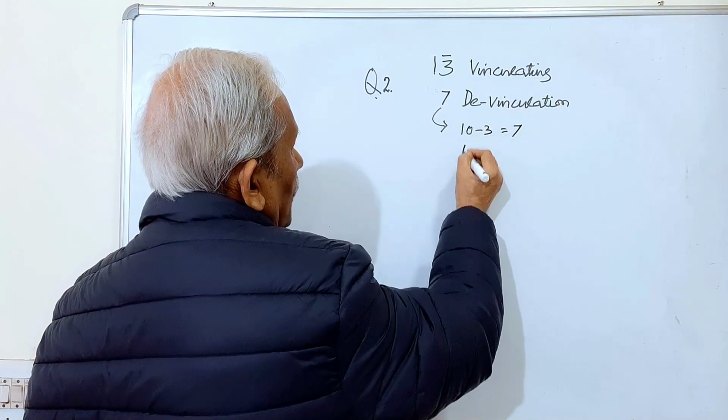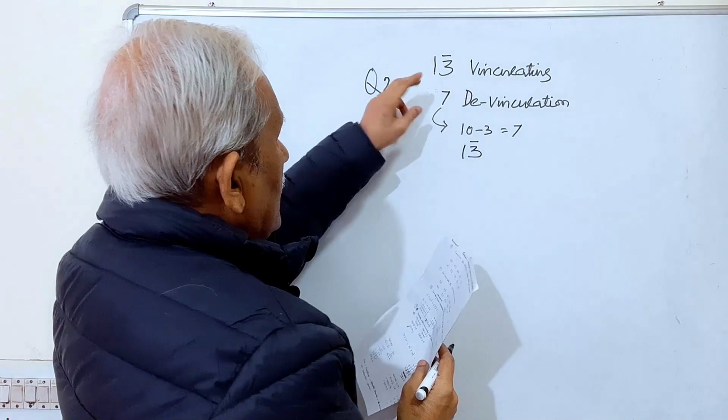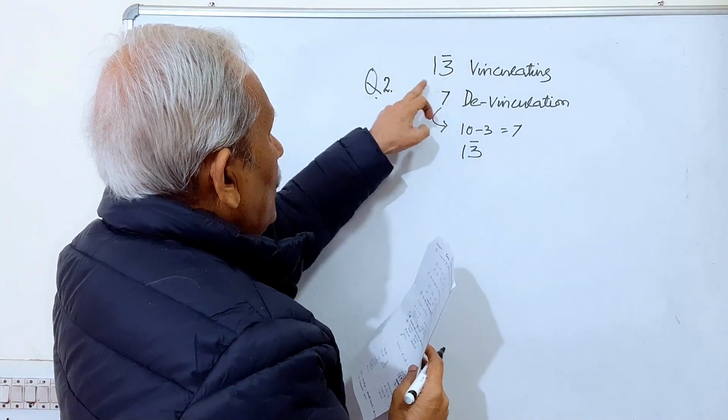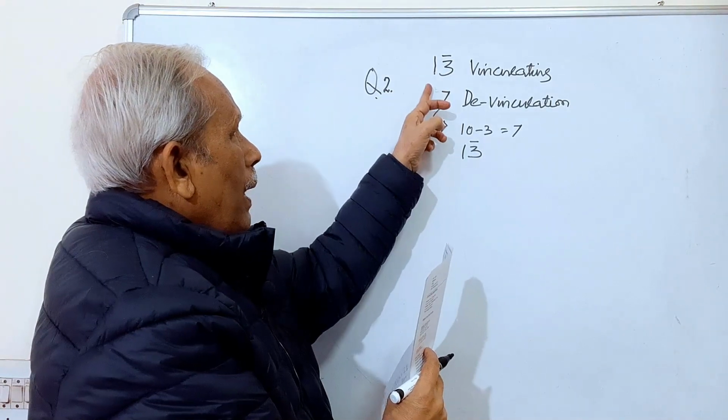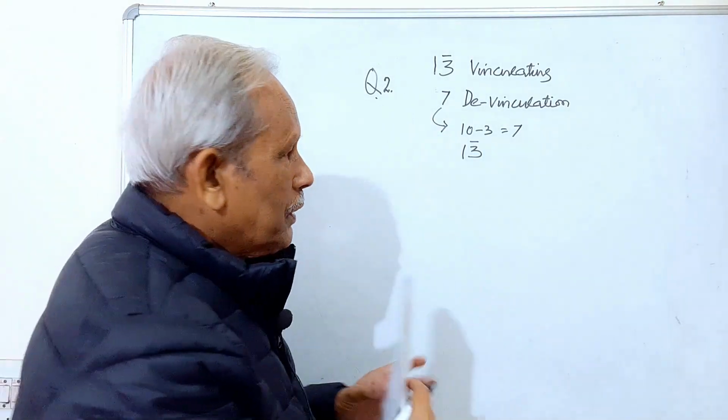So here it means 3 bar. So this process, from a vinculated number, from a bar number to a normal number, is known as devinculation.